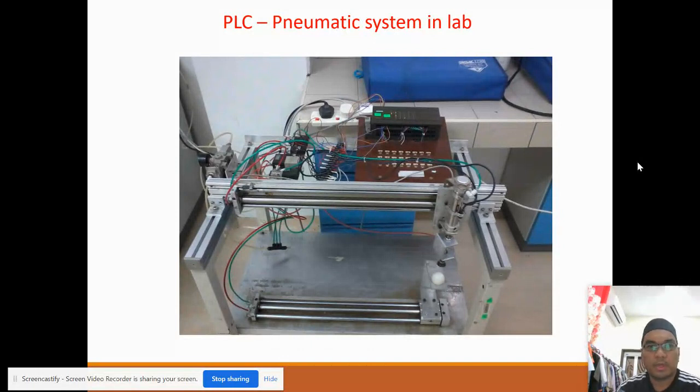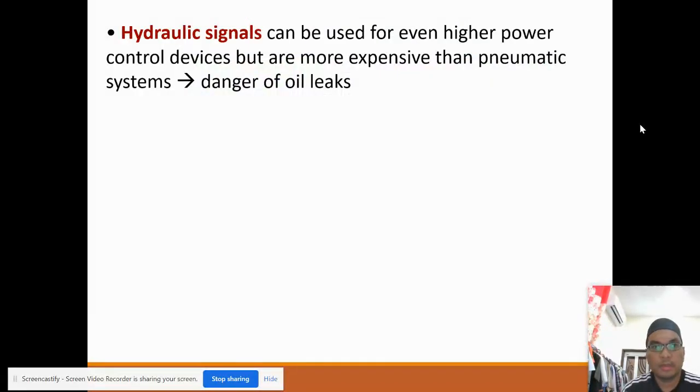But somehow we can do it in simulation, and later on if you have a chance you can visit the automation lab to see the setup of the pneumatic system. You can also view YouTube videos on how the pneumatic system works practically.